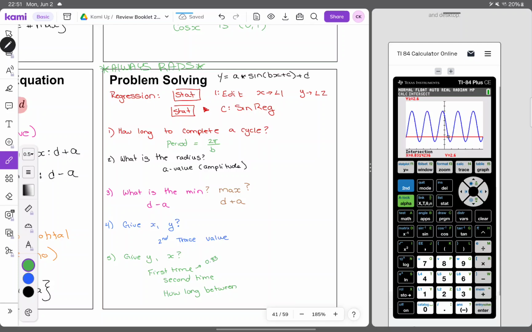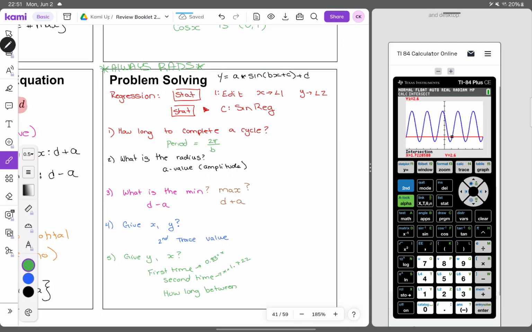If I wanted to find the second one, I could go second trace, intersect. Again, I'm going to move my cursor closer to that intersection now. Enter, enter, enter. It tells me that X equals 1.722.